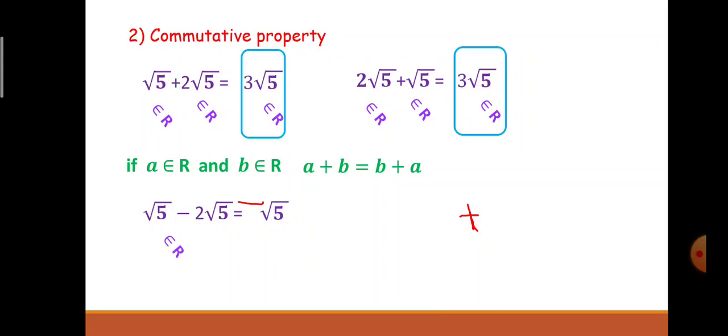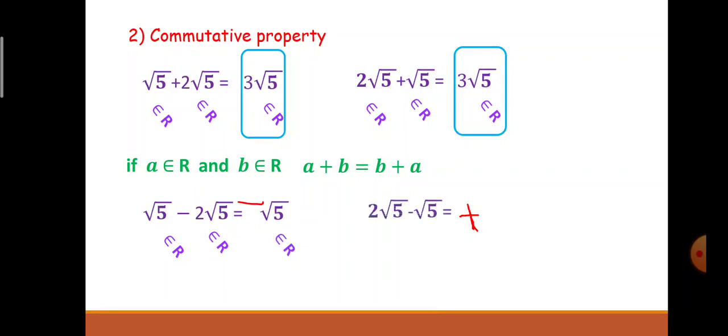The greatest one here is 2 and the sign of this term is negative. So here we will subtract 1 from 2 and our result will be negative square root of 5. The first term belongs to R. The second term belongs to R. Our result here also belongs to R.